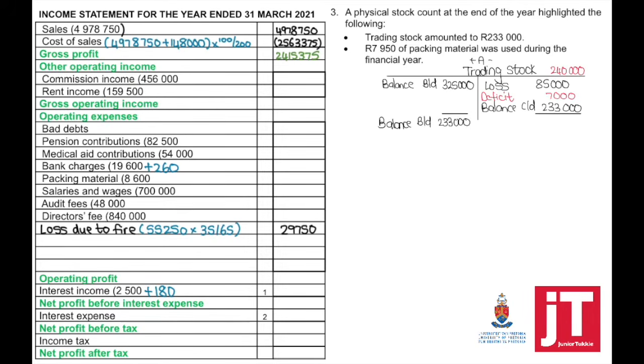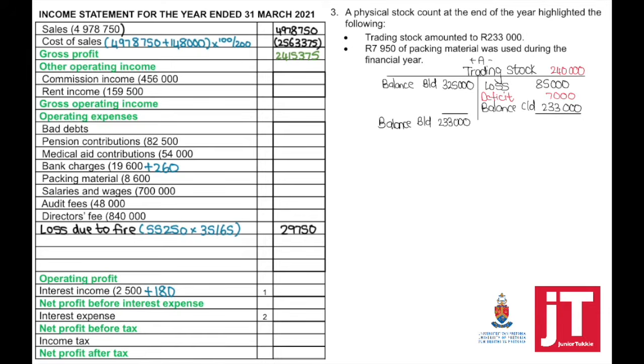So my advice in a test and exam would be to open up trading stock as a T account. Yes, trading stock does not appear in your income statement, but I need the trading stock so that I can make sure that I show all the adjustments and then compare my new updated balance to the physical stock count.